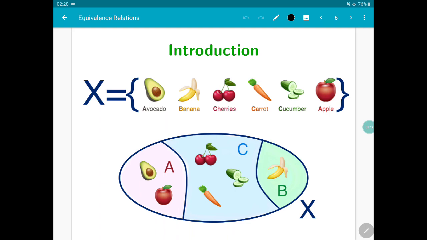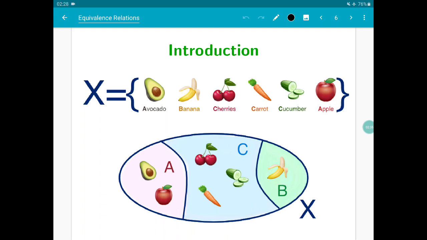In C, we're going to put cherries, carrot, cucumber. And in set B, we're going to put the banana. So it's clear that you cannot have an intersection between 2 of these sets, because a name either starts with A or starts with C. It cannot start with both.